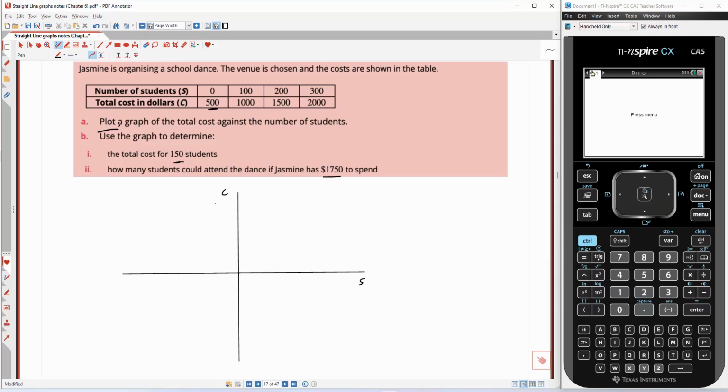So S versus C. And we'll typically go in this order, X and Y, unless you're advised otherwise. All right, so we've got 0 students, 100, 200, and 300. And the cost is 500, 1,000, 1,500, and 2,000.